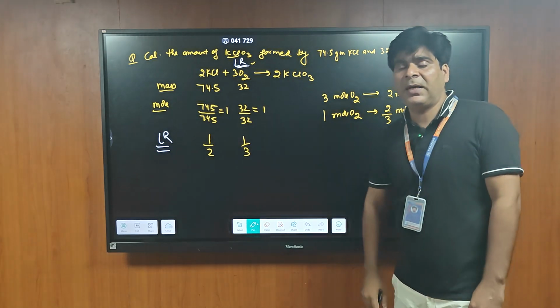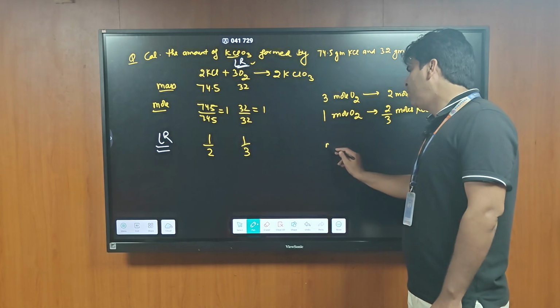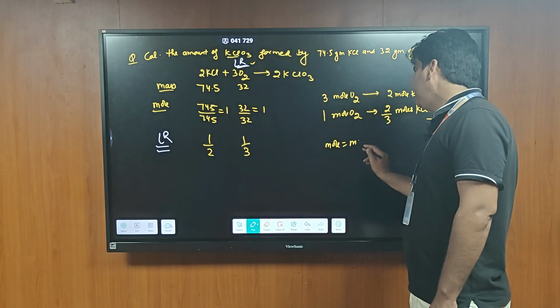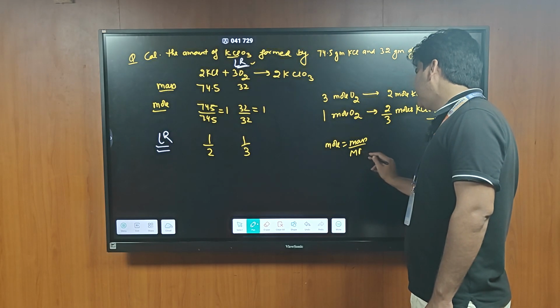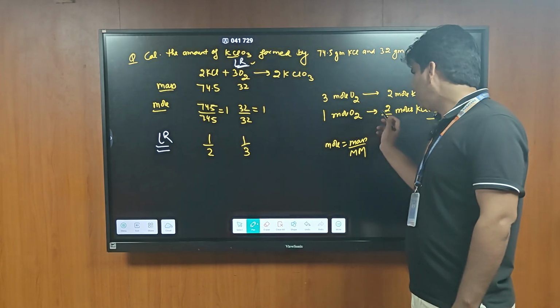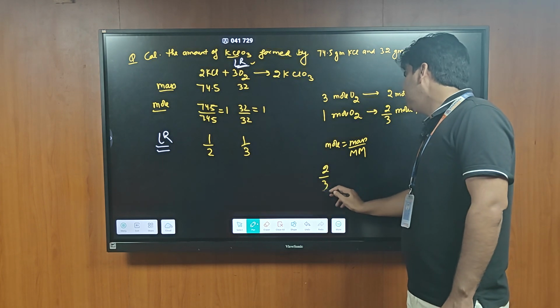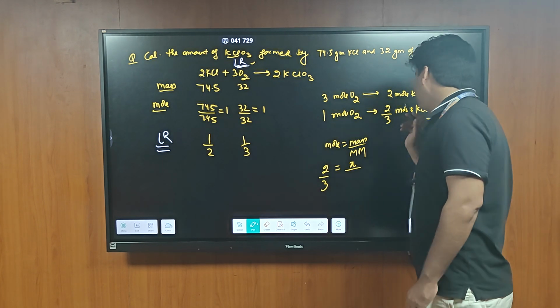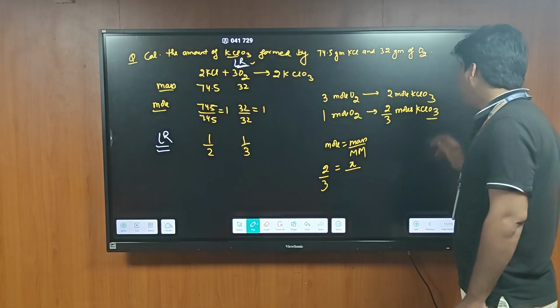But we have to calculate the mass. We know mole is equal to mass by molecular mass, and the moles are 2 by 3, equal to X by molecular mass. What will be the molecular mass of KClO3?